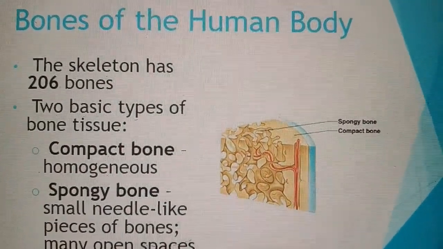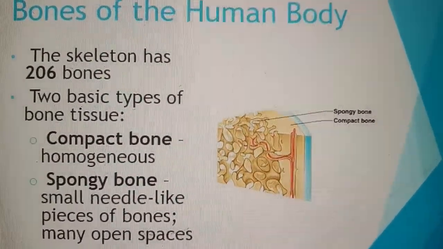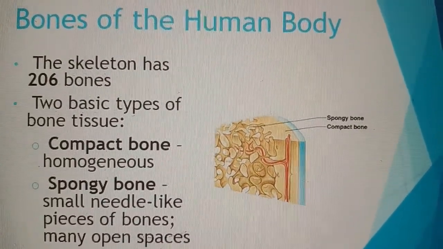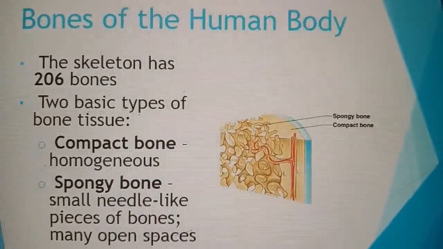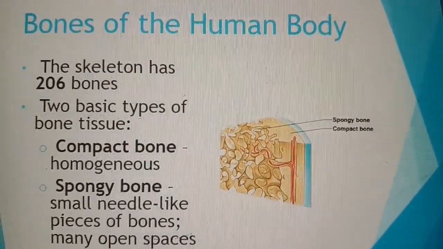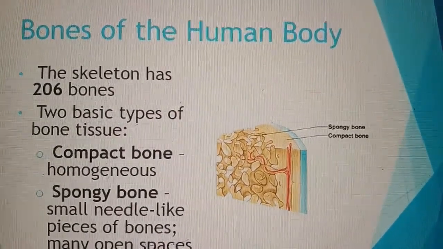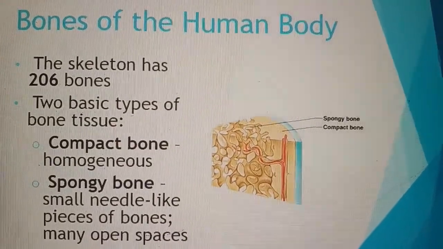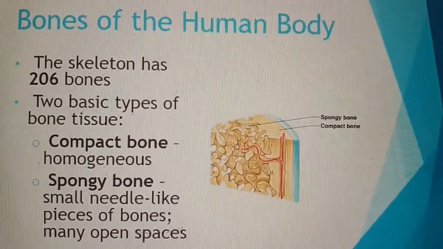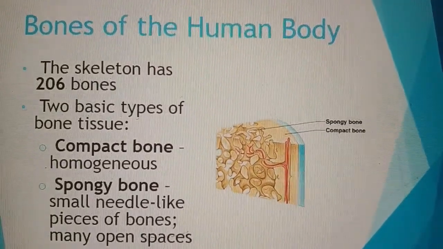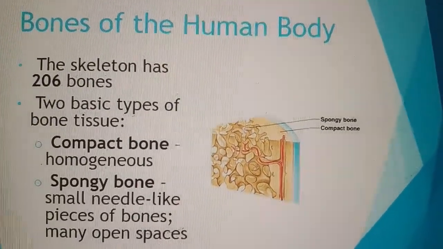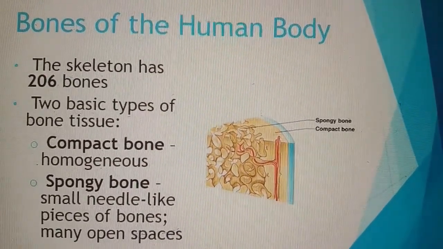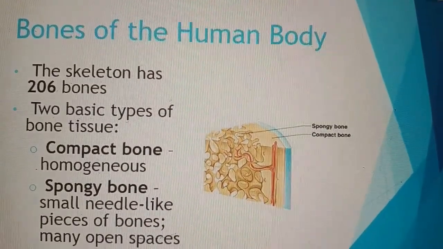But eventually, these bones fuse as the baby grows together to form the 206 bones that the adult has. Some of the baby bones are made entirely of the special material called cartilage. So, in adult, the skeletal system includes the 206 bones.